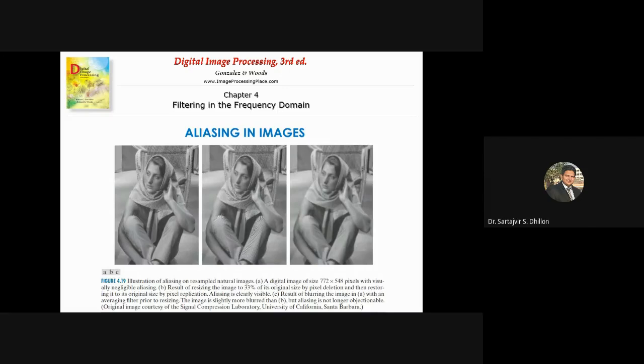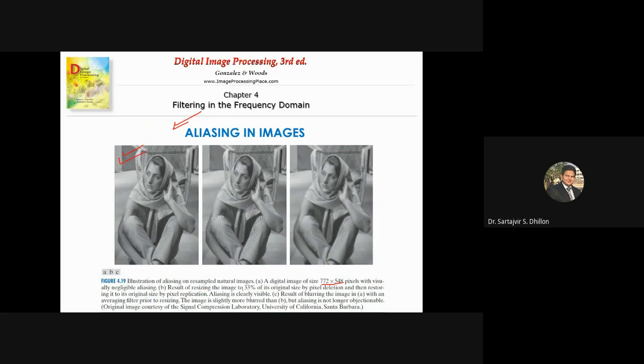Now there is an aliasing effect in images, and what is that? Here you can see the first figure, which is composed of 772 pixels by 548 pixels, with negligible aliasing. Here we consider it as a simple digital image.